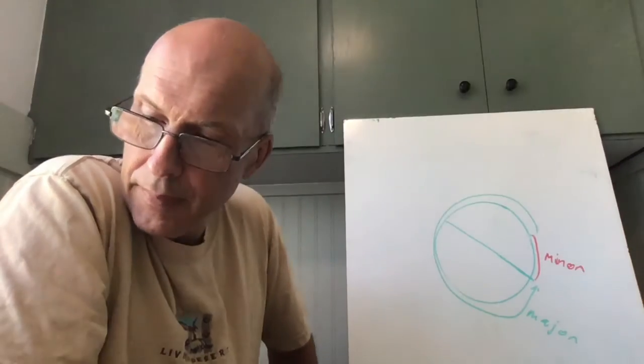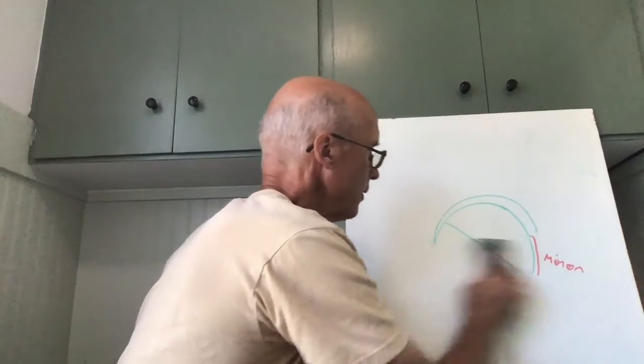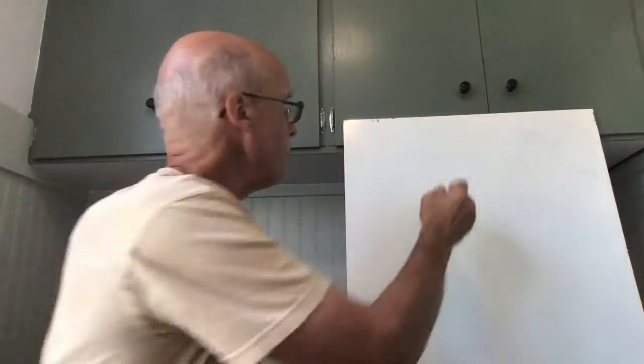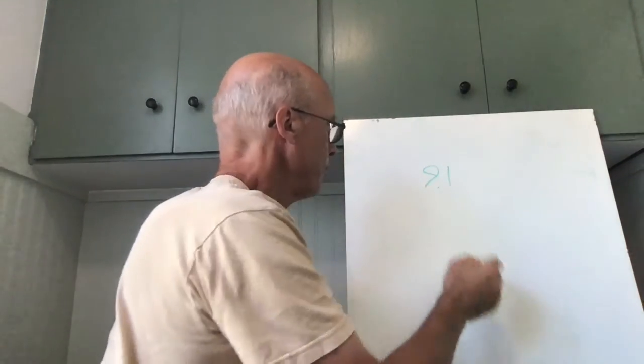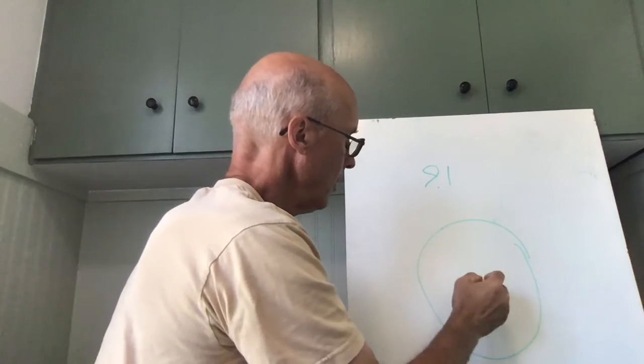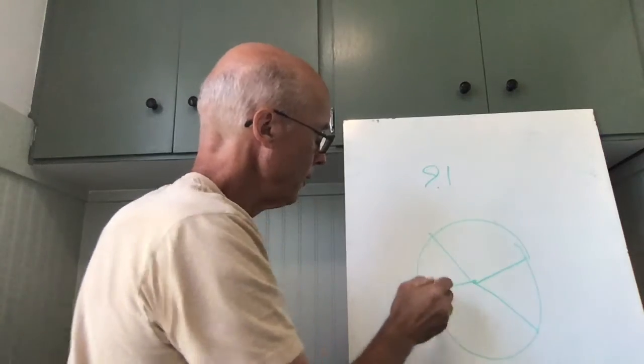So when we start talking about arcs, two arcs are congruent. This is theorem 9.1. Let's say I had an arc here and an arc here.